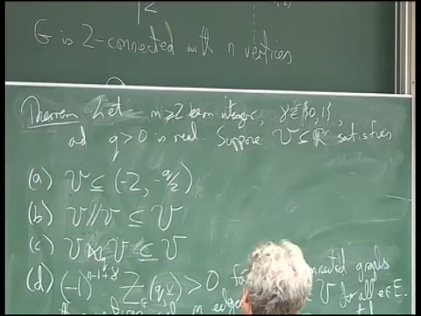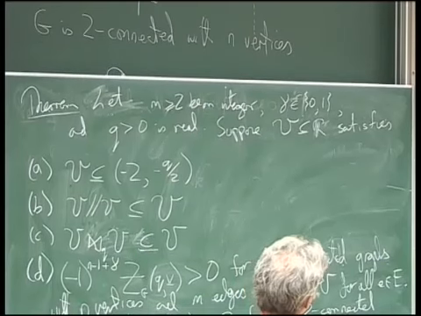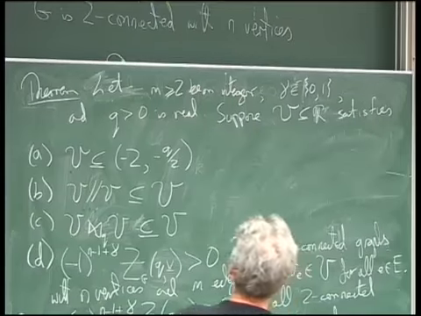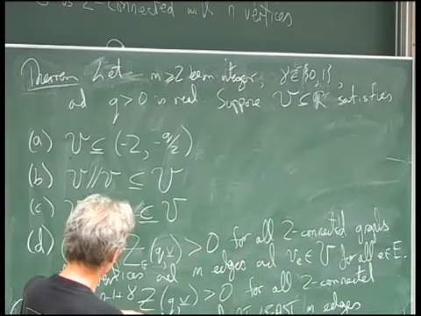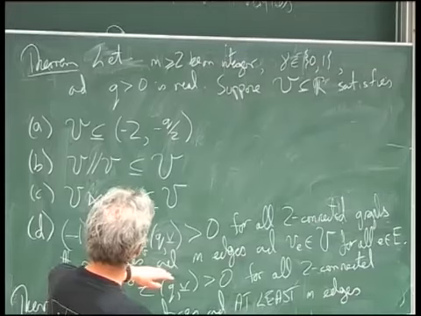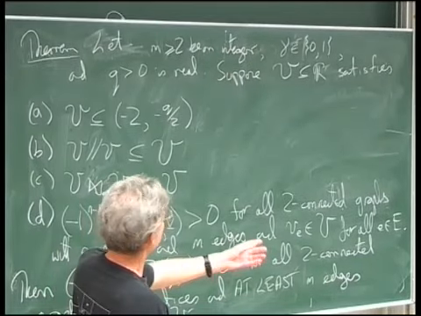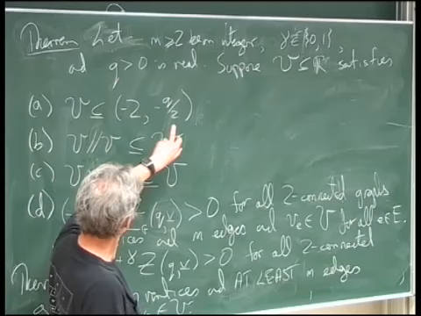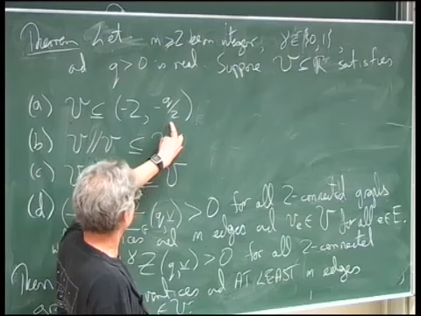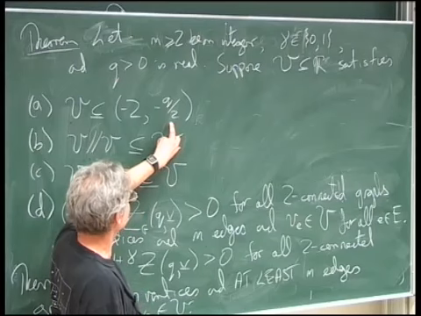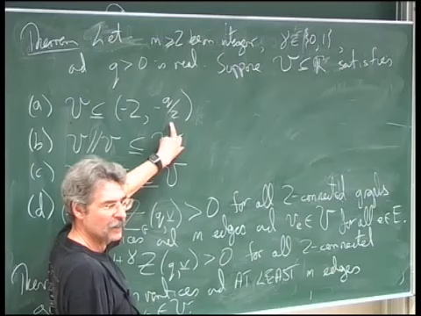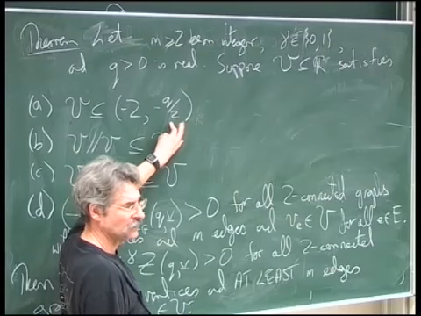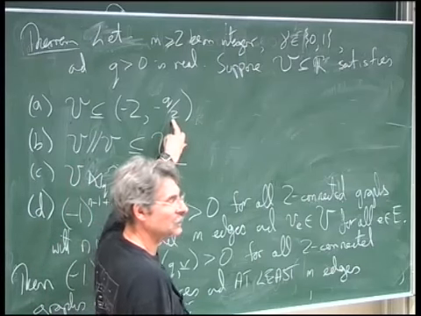So if you remember, the series reduction has a prefactor, and for the prefactor to have the right sign, we want V to be contained in minus infinity to minus q over 2. So that's where this comes from.